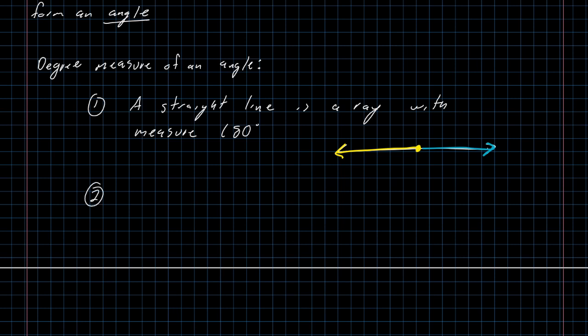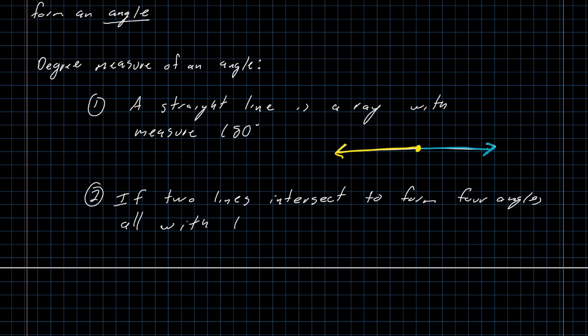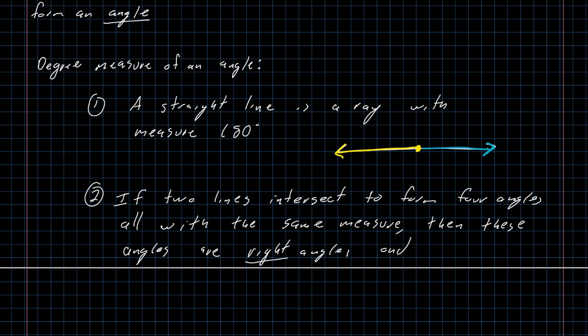The second rule: if two lines intersect to form four angles, all with the same measure, then these angles are right angles and have measure 90 degrees.